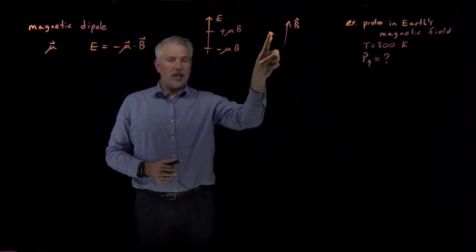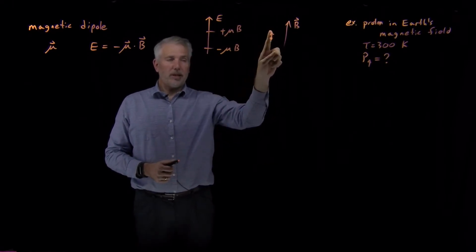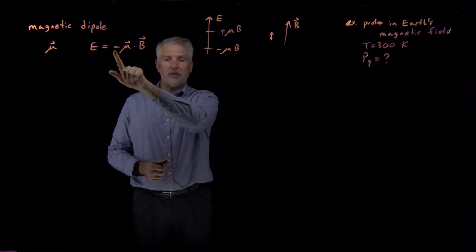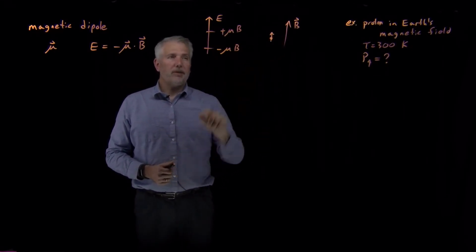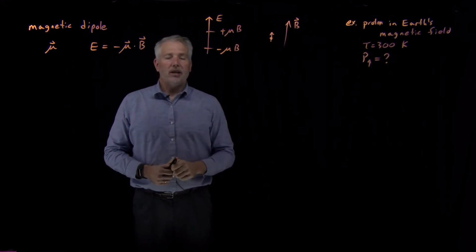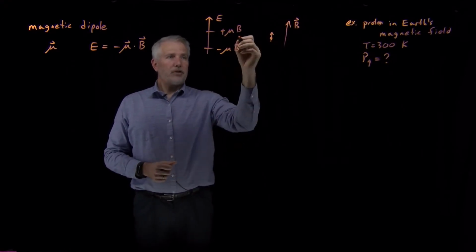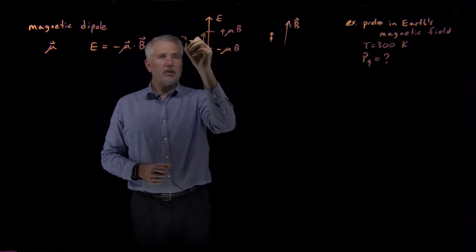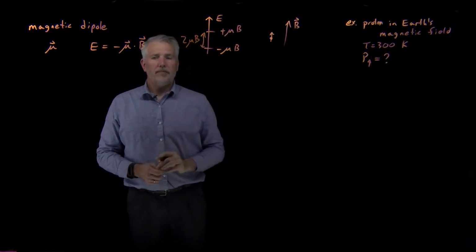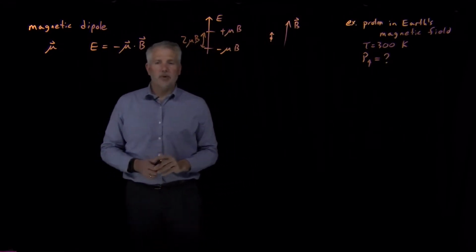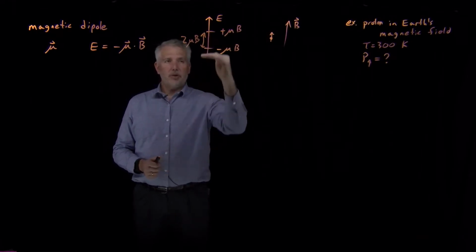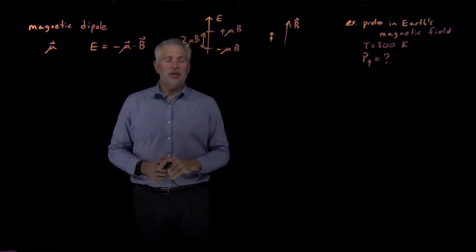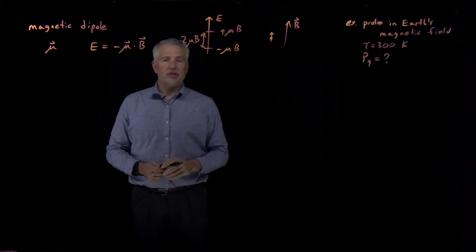When the magnet is aligned with the magnetic field, the energy is lower because of this negative sign. When it's opposed, spin down, opposing the magnetic field, then the energy is higher. And the difference between those two is twice the magnetic dipole times the field strength. So that difference in energy between the two different spin states of the nucleus turns out to have some important consequences.